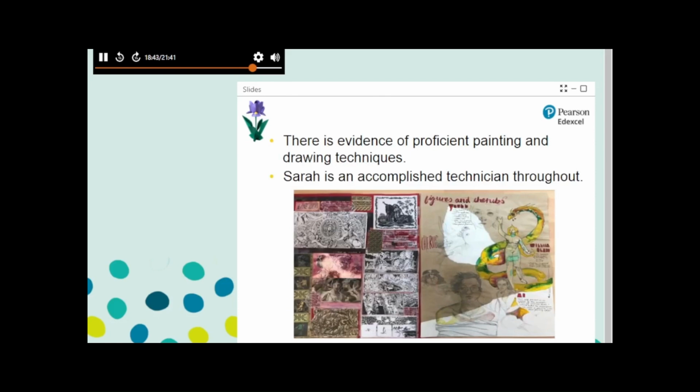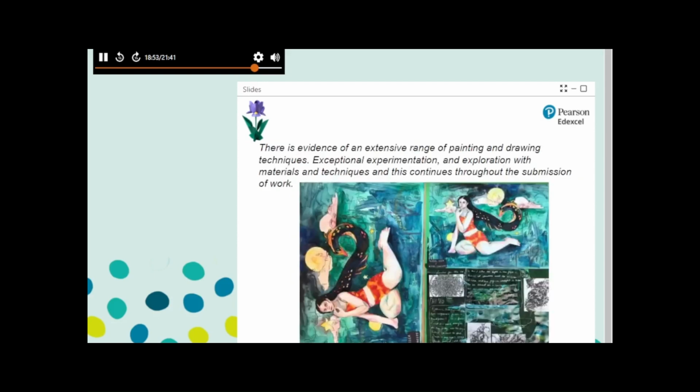In this slide, Sarah demonstrates proficient painting and drawing techniques. Sarah is an accomplished technician throughout. From the evidence in this slide, it is clear that Sarah can use an extensive range of painting and drawing techniques proficiently.